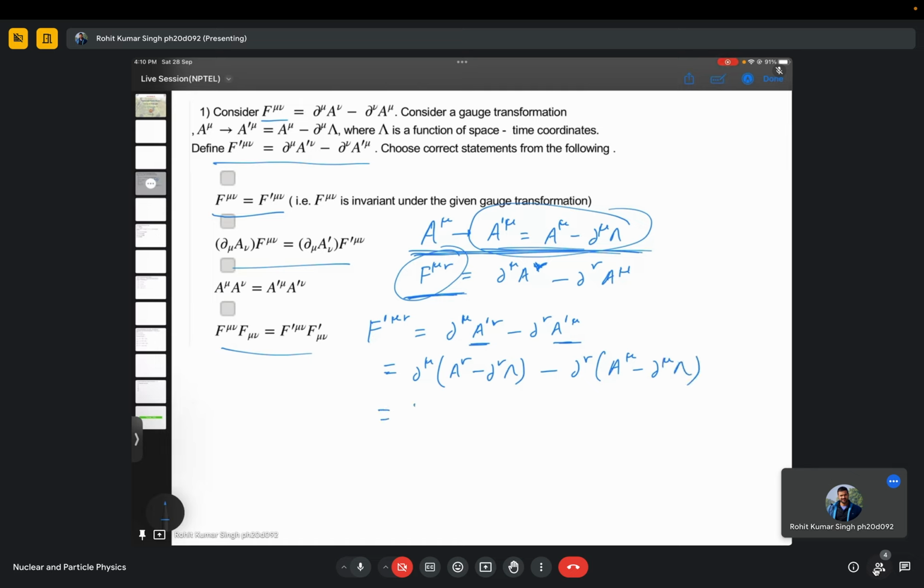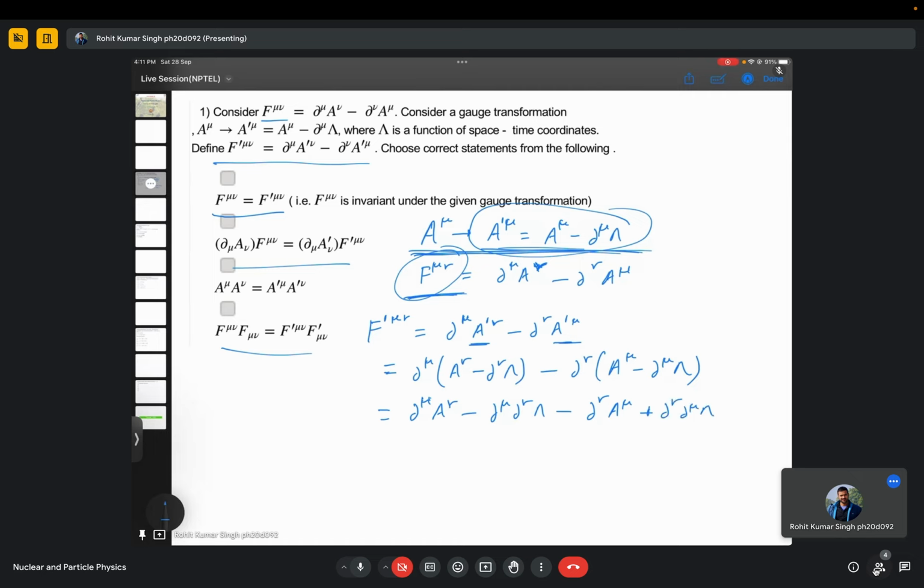Now let's see what happens. So this is del mu A nu minus del mu del nu lambda, minus del nu A mu plus del nu del mu lambda.